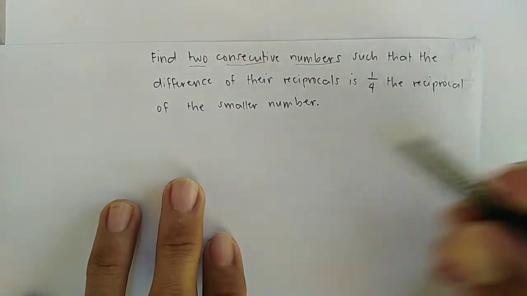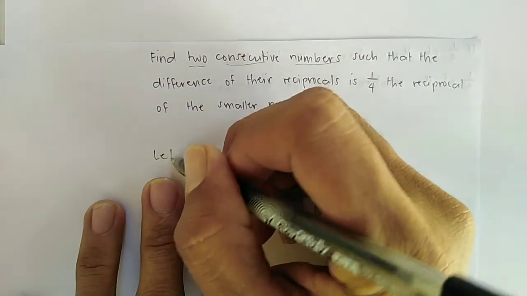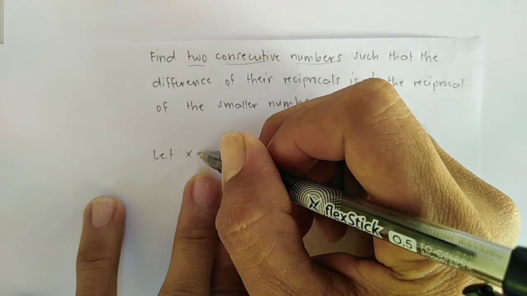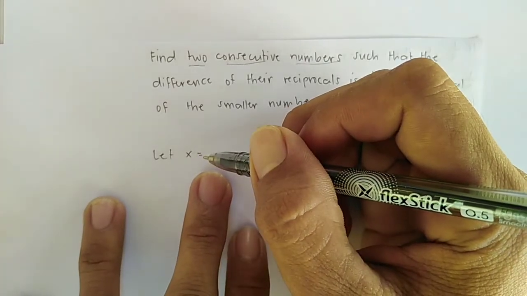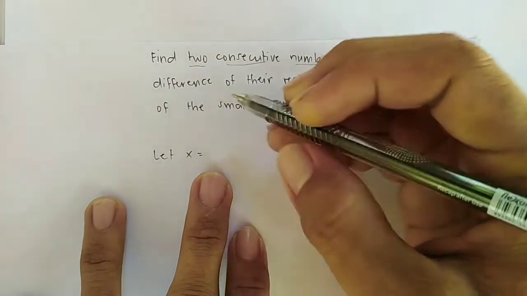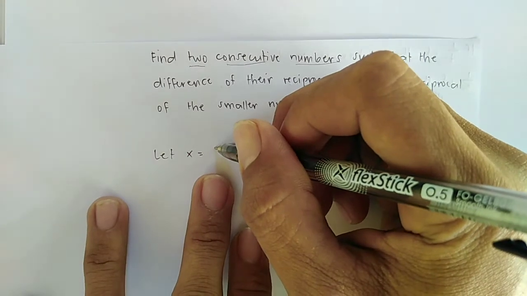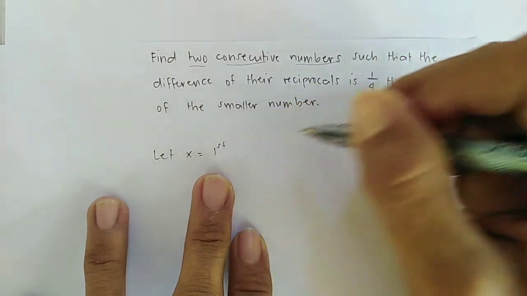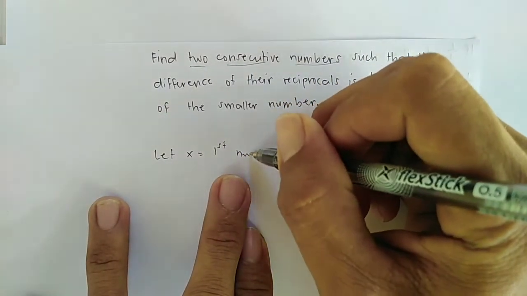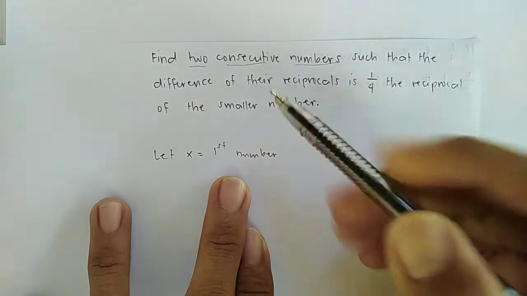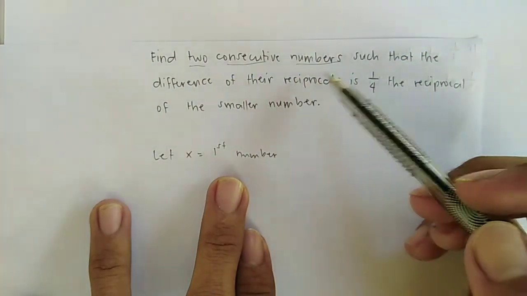So we will let variable x in this video represent the first number, since the problem is looking for the 2 consecutive numbers.